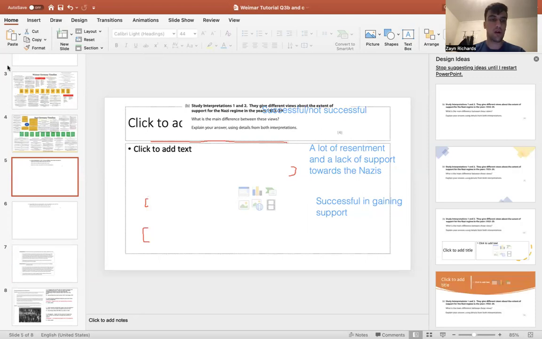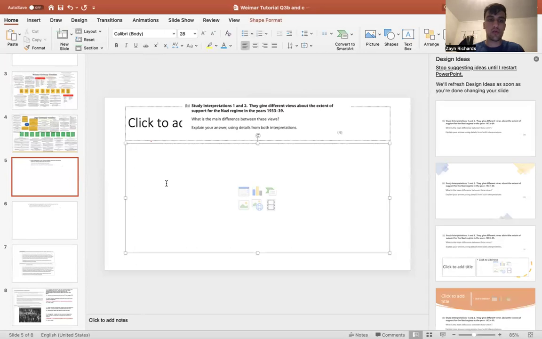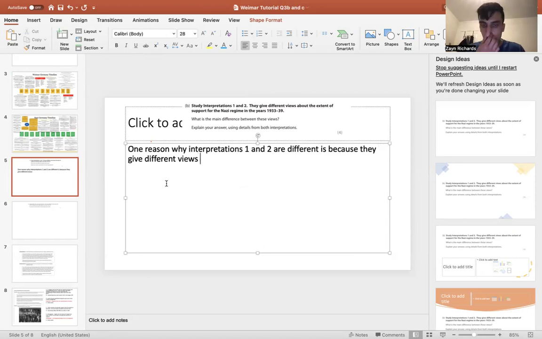Okay, so let me just erase everything on the screen. So all you need to do for this one is this. One reason why interpretations 1 and 2 are different is because they give different views about how successful the Nazis were in gaining the support of the people.